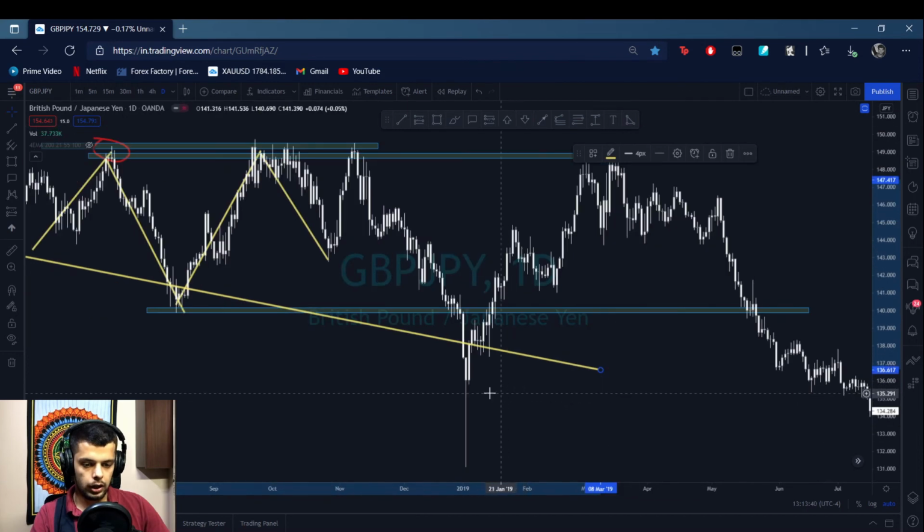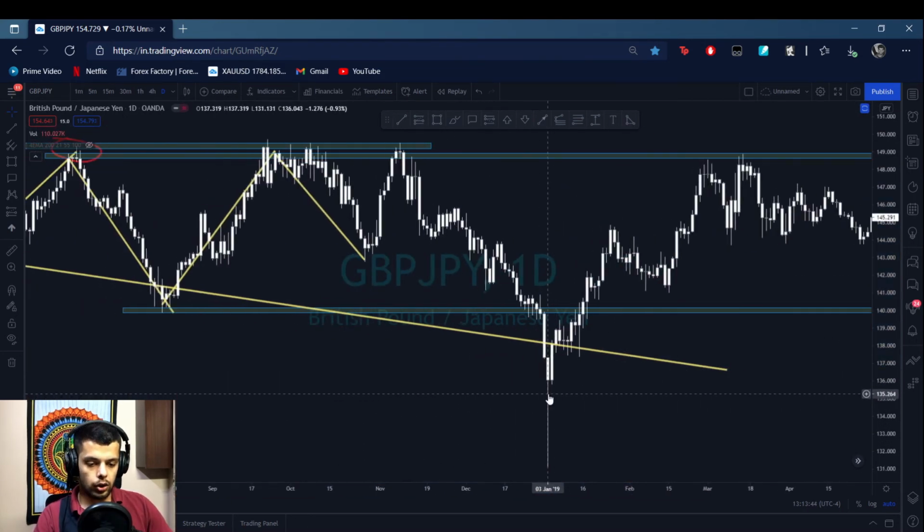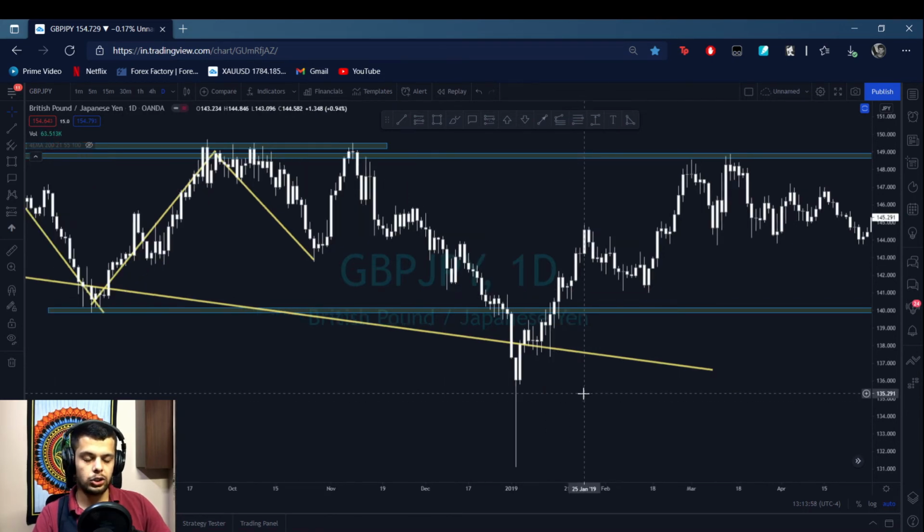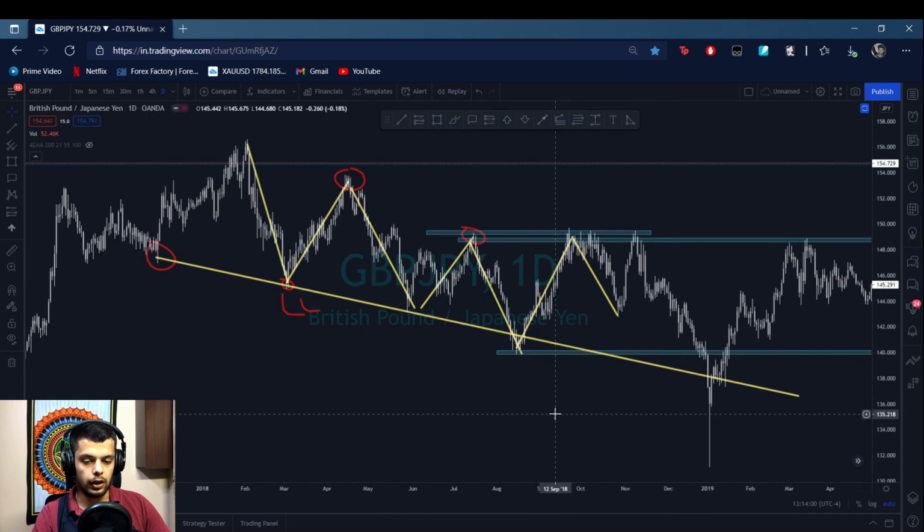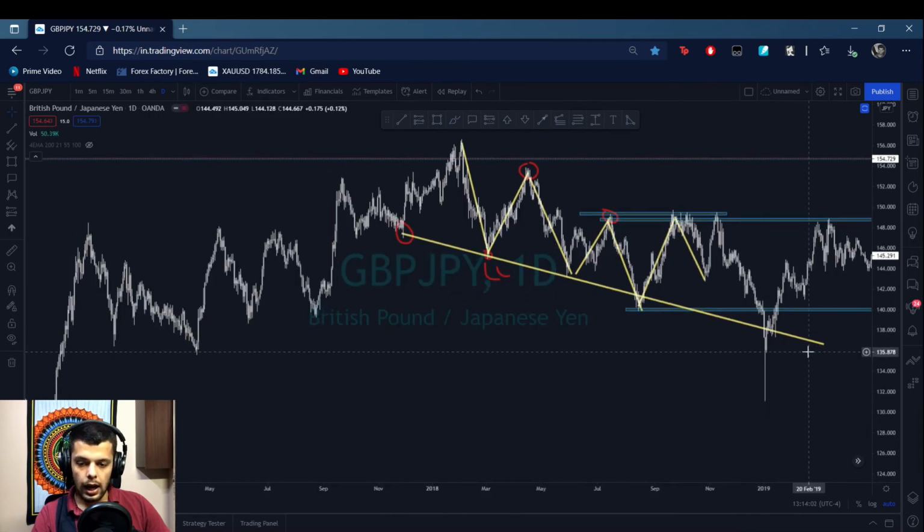This wick over here, it's a huge wick. And on 3rd of Jan 2019, I don't remember what happened on that day, but the thing is that this huge wick basically makes a clear support, and it shows that it's a key level of support, as the market once came over here.